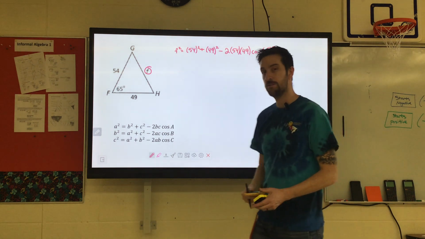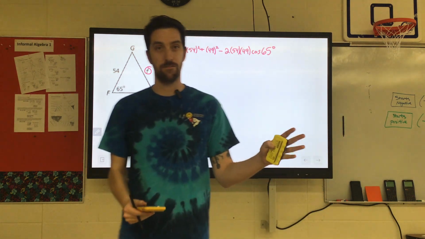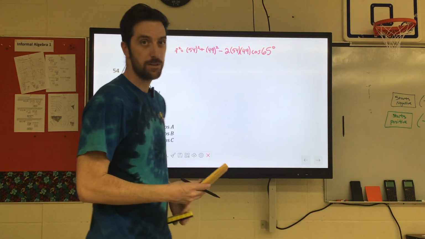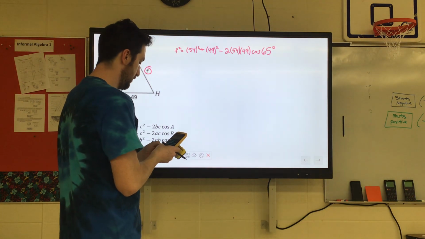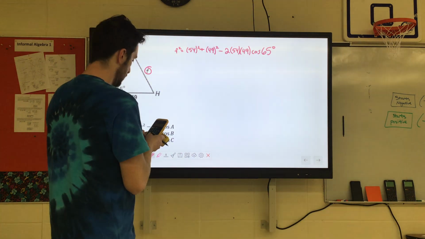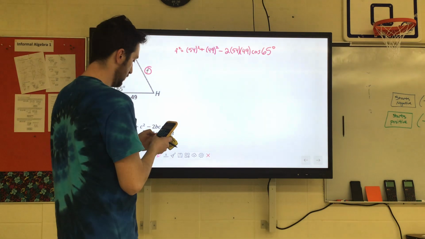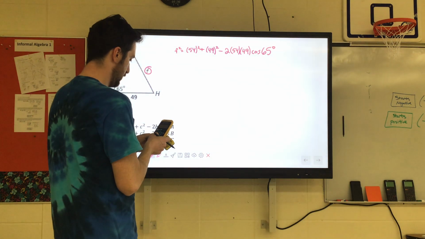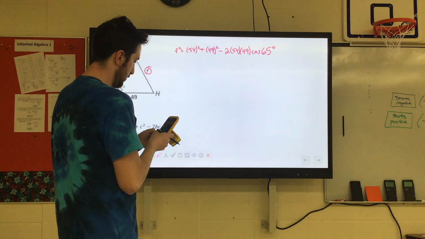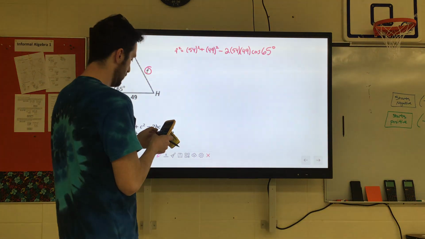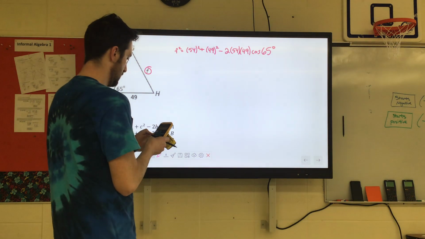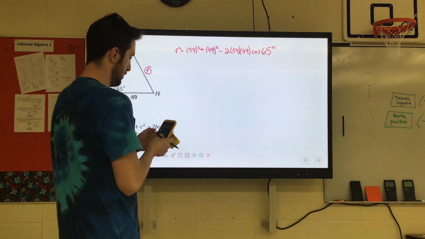Now, I told you before, you could put the whole right side of the equation in your calculator, and it'll spit out an answer. So I'm going to try that here. 54 squared plus 49 squared minus 2 parentheses 54 parentheses 49 cosine 65.